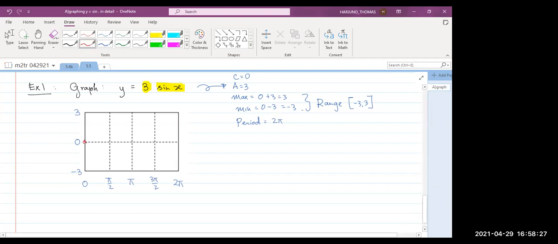So you start from the middle, go to the top, go back to the middle, go down, go back to the middle. So the shape of that sine graph is actually still the same. You just stretch that by a factor of 3 vertically, but instead of stretching the graph, I rescale the plane.